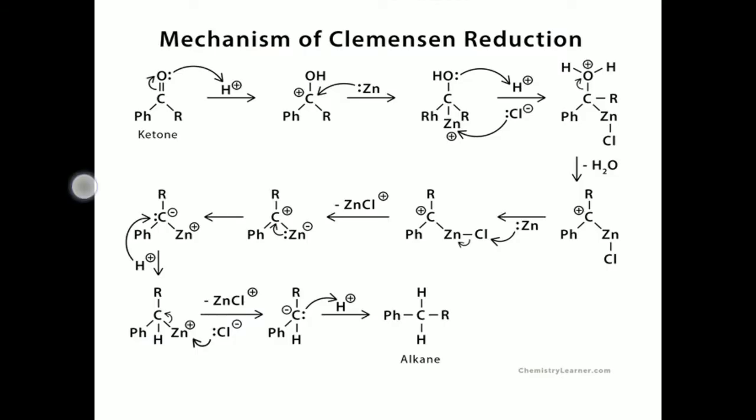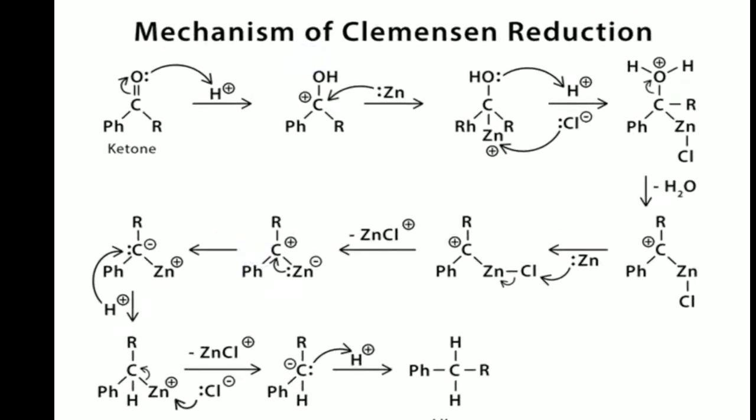Mechanism. If you observe the mechanism of Clemmensen reduction, this reaction is carried out in the presence of acid. Whether you take aldehyde or ketone, first it is catalyzed in the presence of acid.